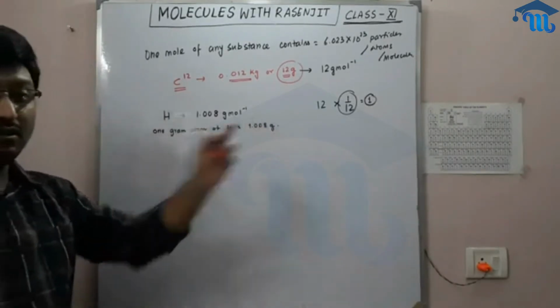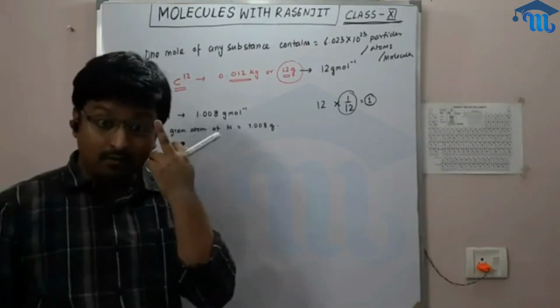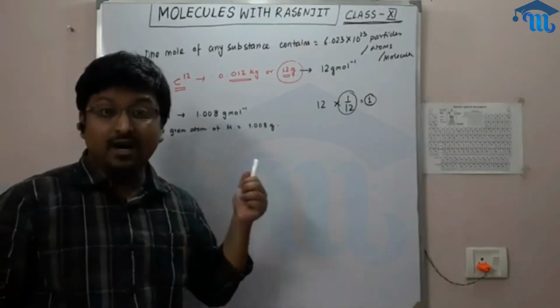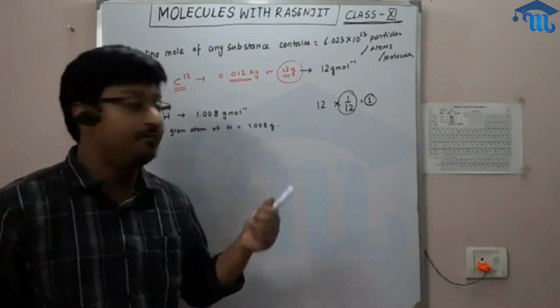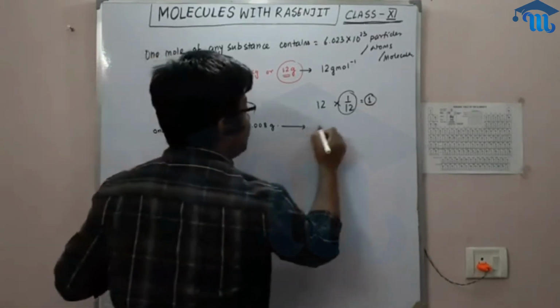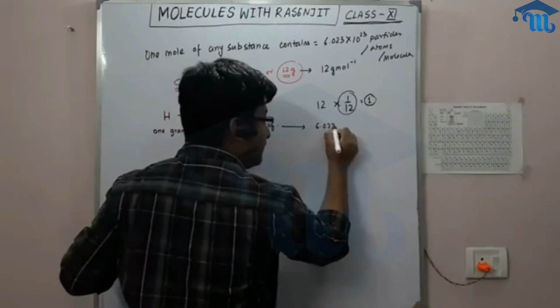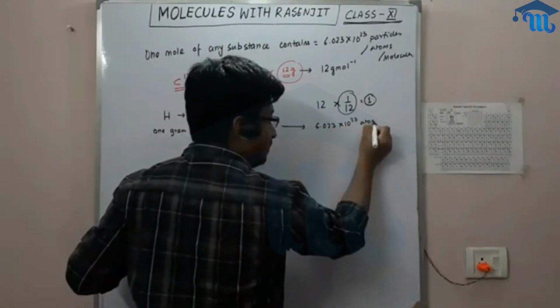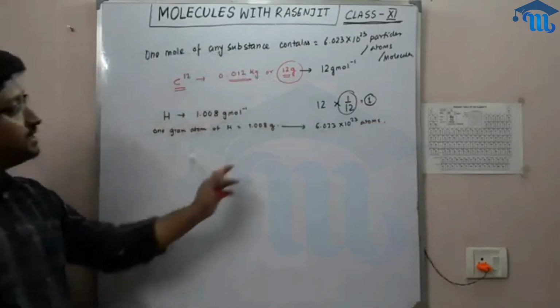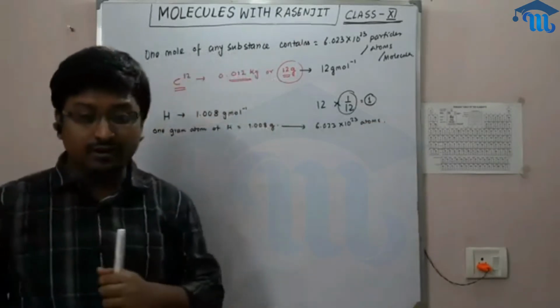So this is the weight of 1 gram atom of hydrogen. Now this amount of mass contains 6.023 into 10 to the power 23 atoms.